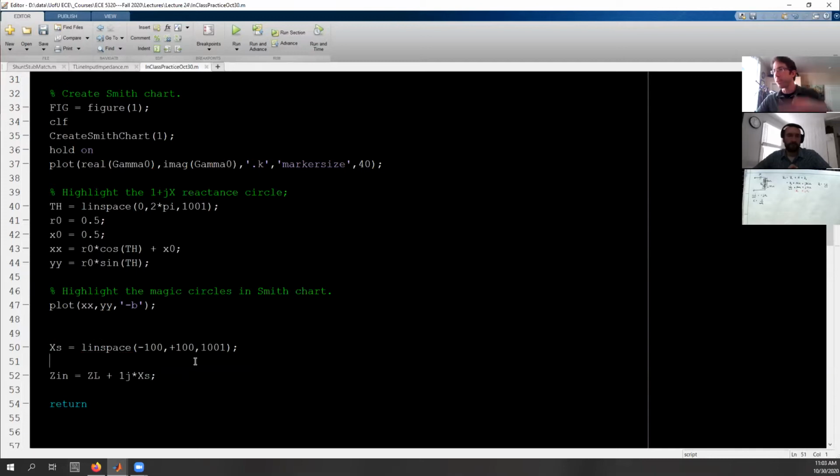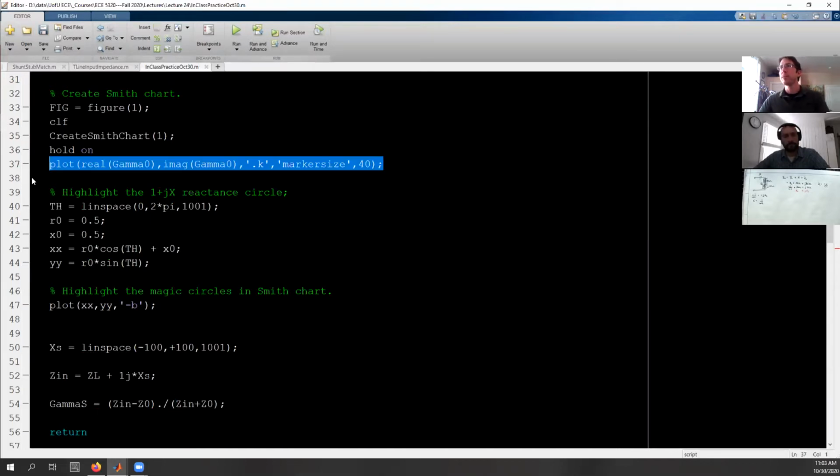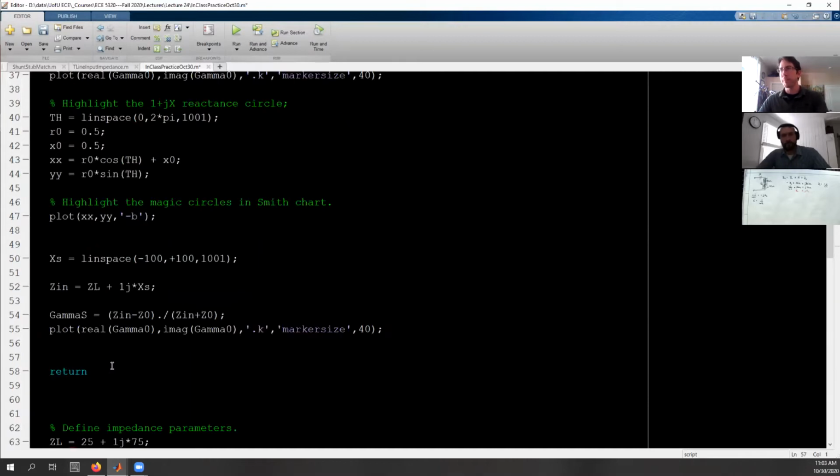I could either put an inductor or a capacitor, and that will manifest as a positive or negative reactance. Now I'm going to calculate my gamma, a gamma S for the series, which is Zn minus Z naught divided by Zn plus Z naught. And now we'll just plot that and you can see what will happen.